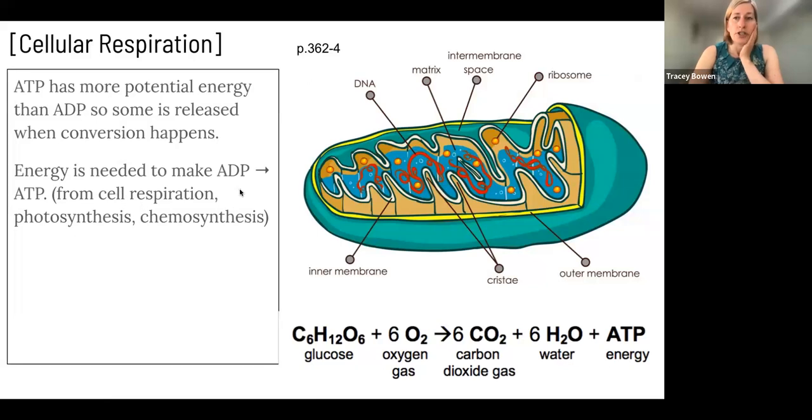And in order to generate that concentration gradient, mitochondria need hydrogen ions. And so the way that they get those is through oxidation of proteins, carbohydrates, or lipids.